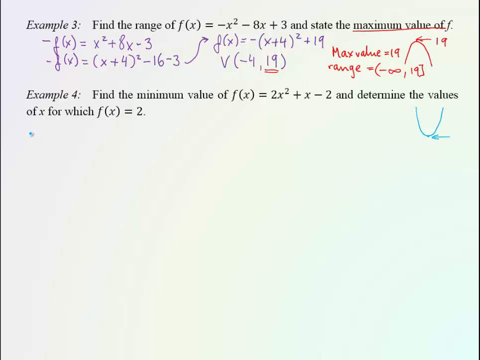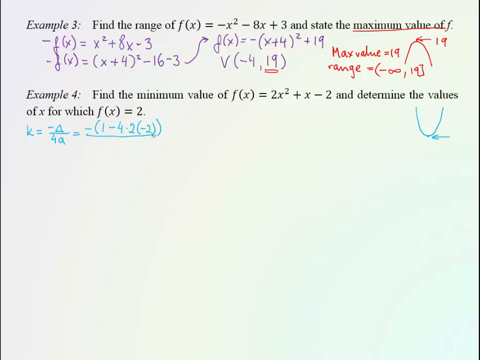So the second coordinate of the vertex is k, which is equal negative delta over 4a, where delta is b squared minus 4ac. So let's calculate. Our a, b, and c are the coefficients 2, 1, and -2. So negative b squared, which is 1, minus 4a, which is 2, c, which is -2.